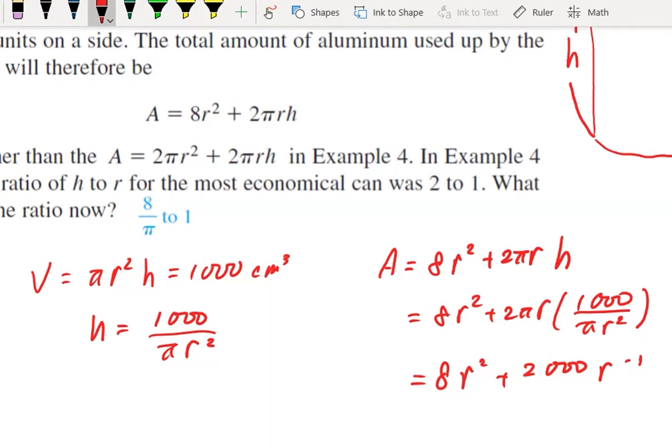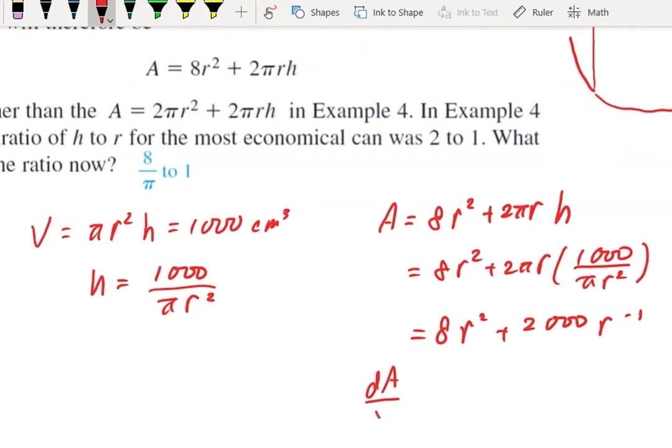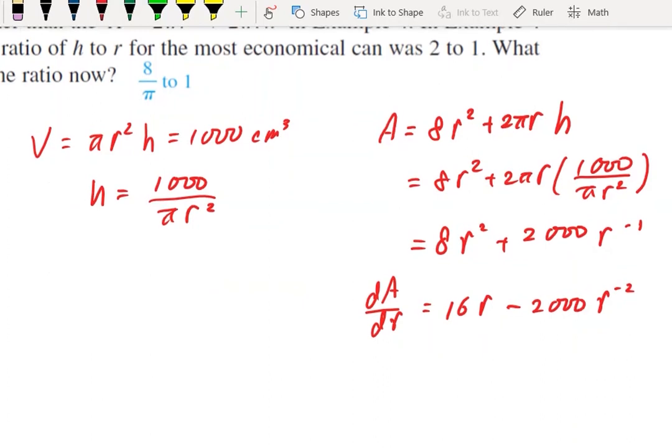Is it -1 like that? Okay, all you babies. Do you see why that's -1, or do you want me to put it as 2000 over r? And then that is equal to, okay, now we can take a derivative, dA over dr, and that is 16r minus 2000 r to the -2, right? Say yes. Okay, now we can set it equal to 0.